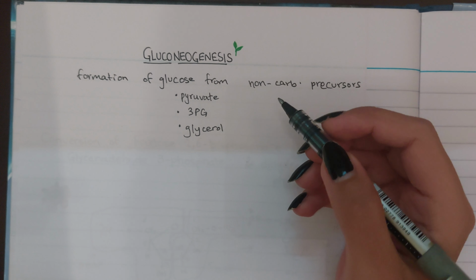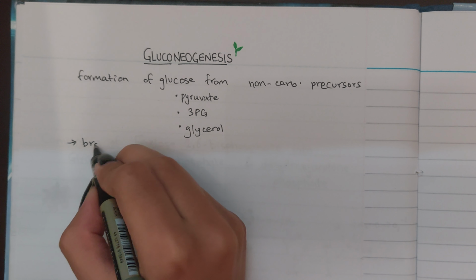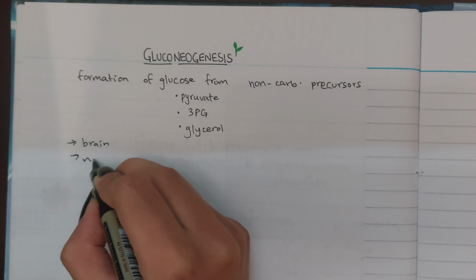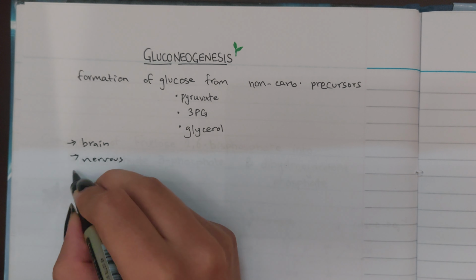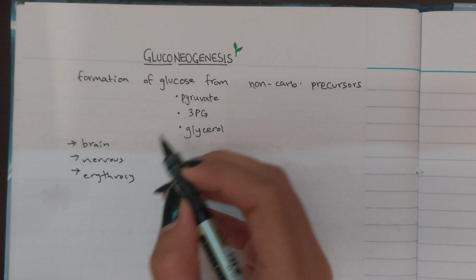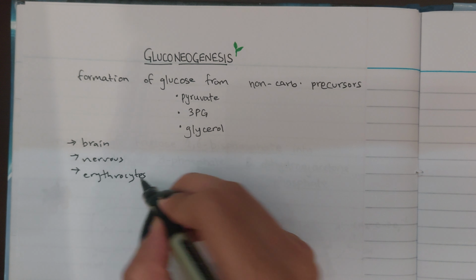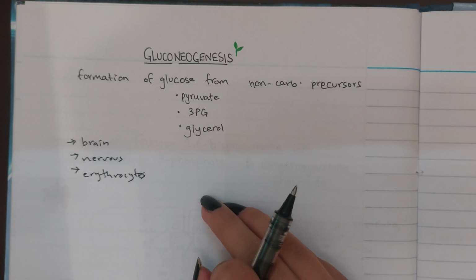And glucose is essentially used to provide energy to the brain, nervous system, erythrocytes, renal medulla, and other embryonic tissues. But this is the main gist of it.